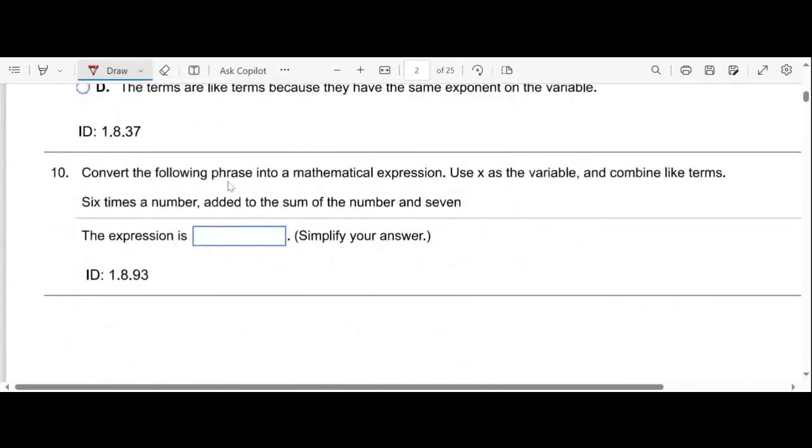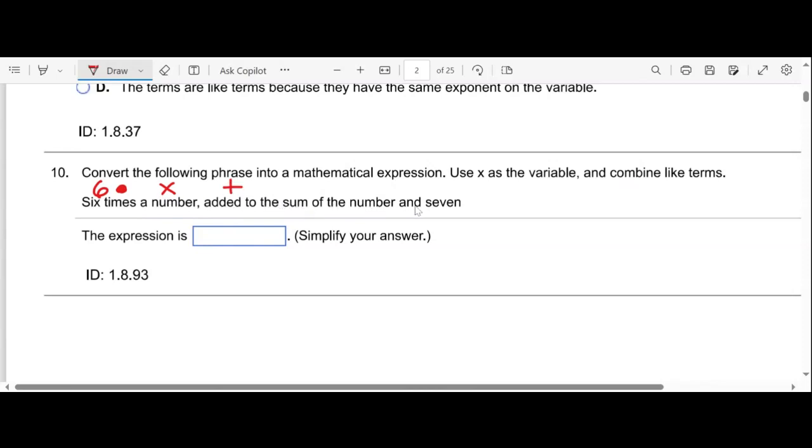Convert the following phrase into a mathematical expression. Use x as the variable and combine like terms. 6 times the number. So times means what? Multiply. Do you know the number? x. Added 2. Added means what? Plus.